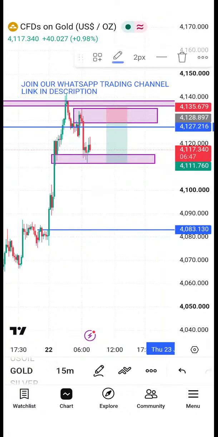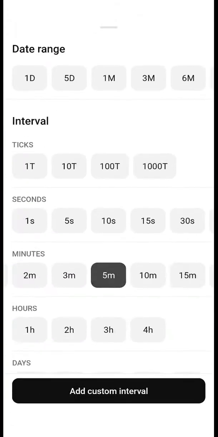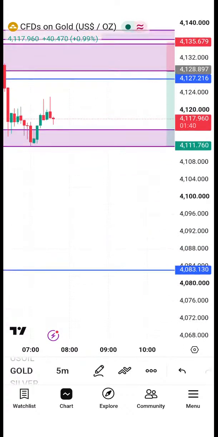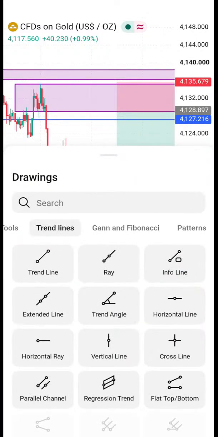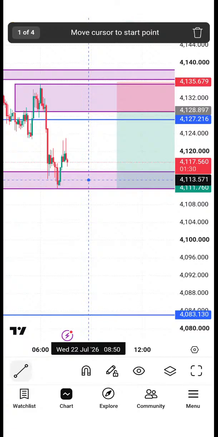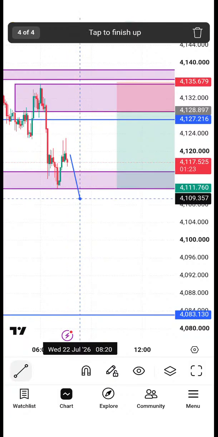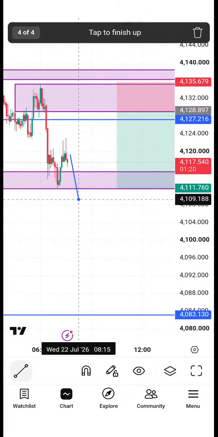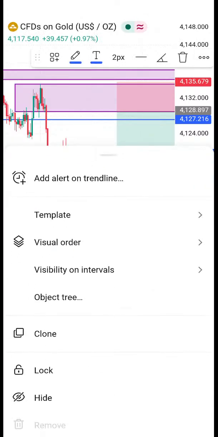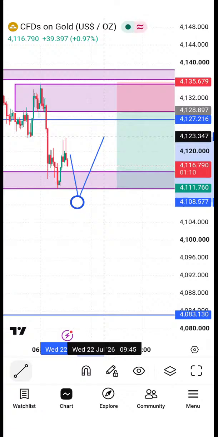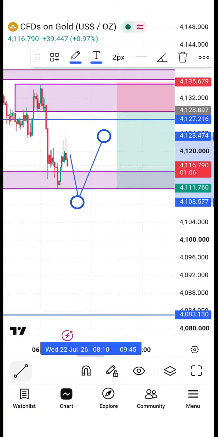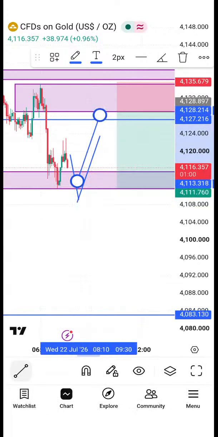We looked at the 5 minute, and I told you that you should wait for price to maybe make a liquidity sweep before coming back up again to take out this high.